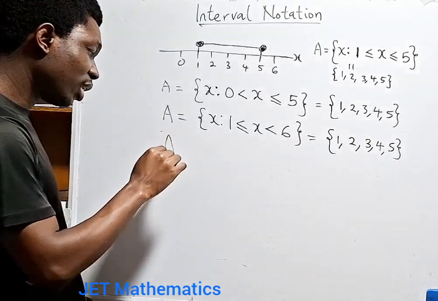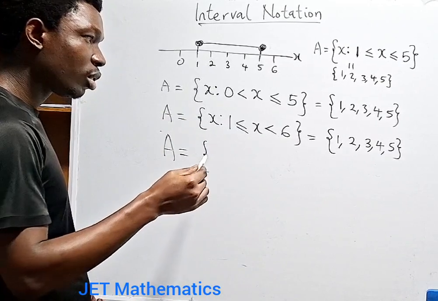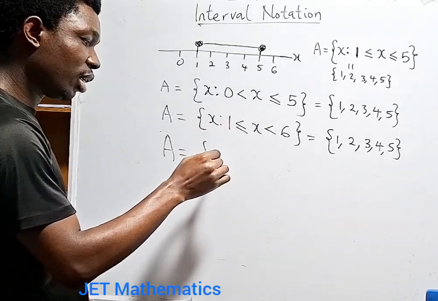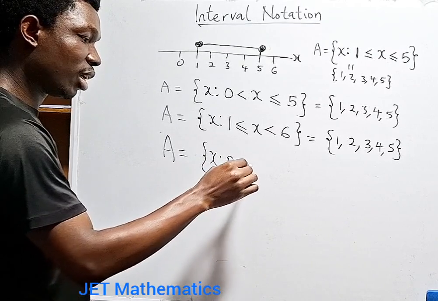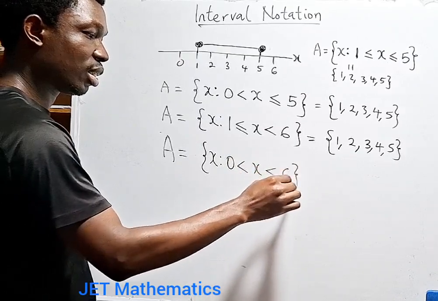And we can also write it again in this form. Let's say x is such that 0 is less than x and less than 6.